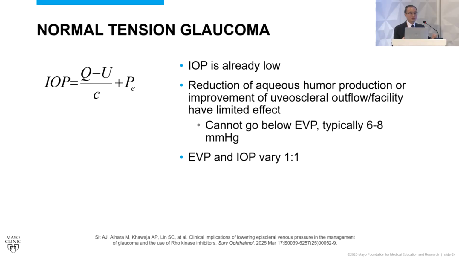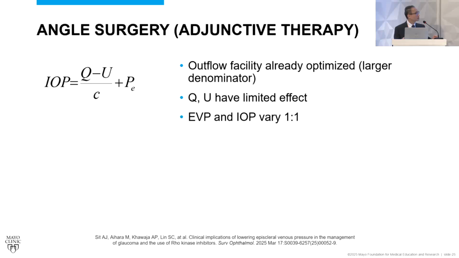Normal tension glaucoma patients are one. IOP is already low, and so when IOP is already low, reduction of aqueous humor production or improvement of uveoscleral outflow has a limited effect because you can't go below EVP, which is typically about 6 to 8 millimeters of mercury. Whereas if you reduce EVP, that gives a 1-to-1 reduction in IOP.